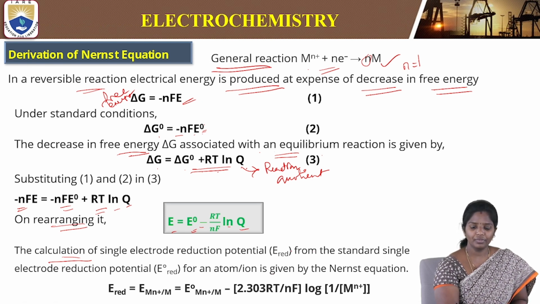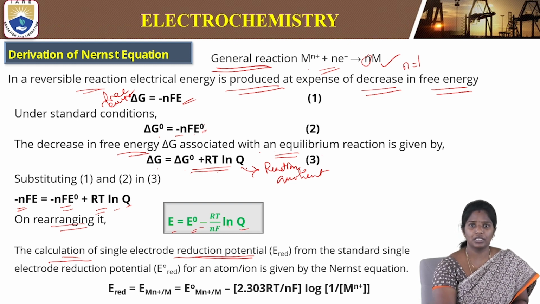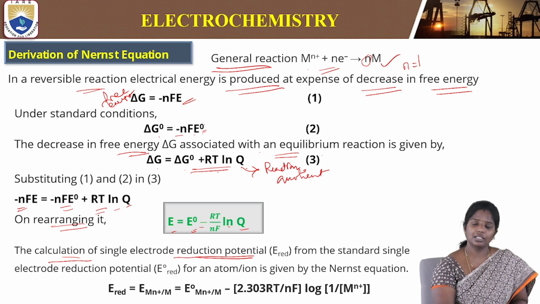If we know the standard electrode potential, like from the electrochemical series, we can calculate the single electrode potential using this Nernst equation at non-standard conditions.